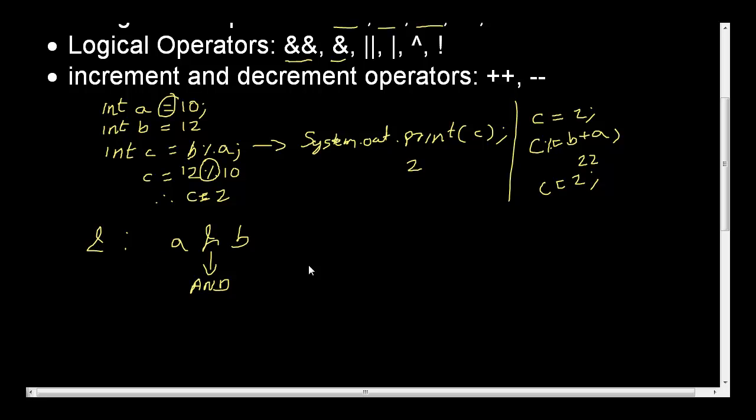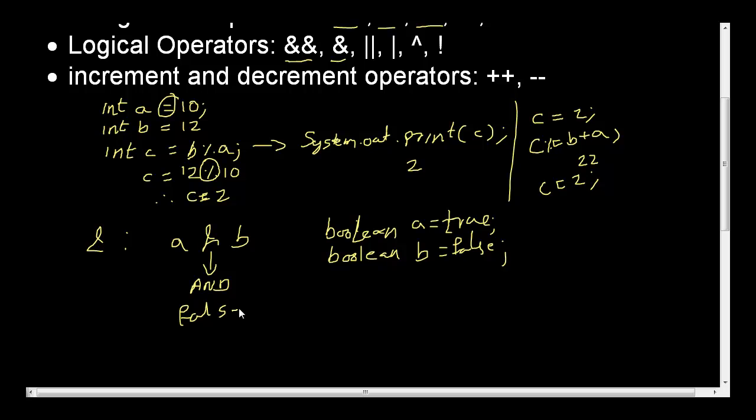So say, for example, we have two variables, boolean a equals true and boolean b equals false. This statement a and b is going to evaluate to true and false, which is false. So that's how the Boolean logical operators work.